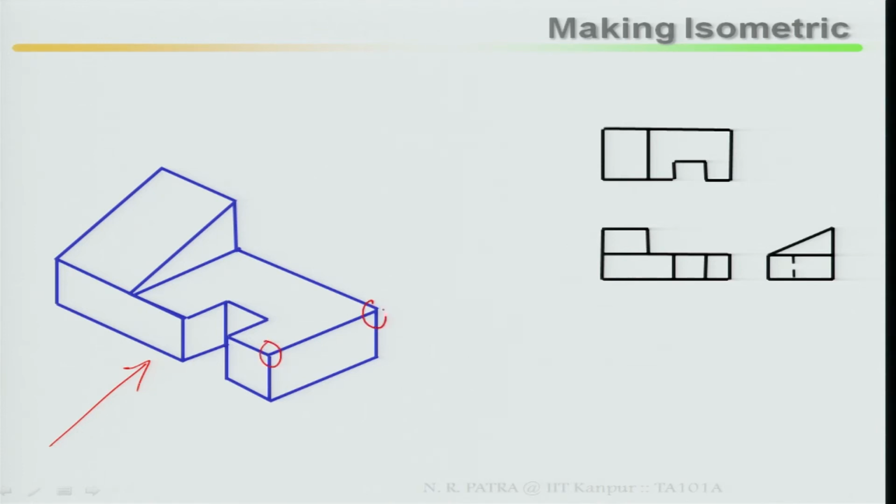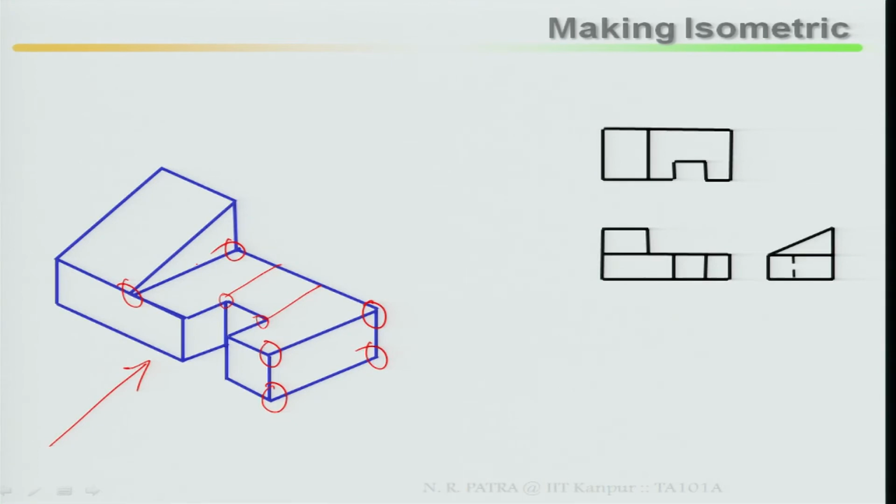This point and this point are going to merge, right? It is going to be merged completely. Now because there is a notch here, I can see here, I can see here. So this is what is going to be merged. Again this slanted or inclined surface, this point and this point are going to be merged, right?